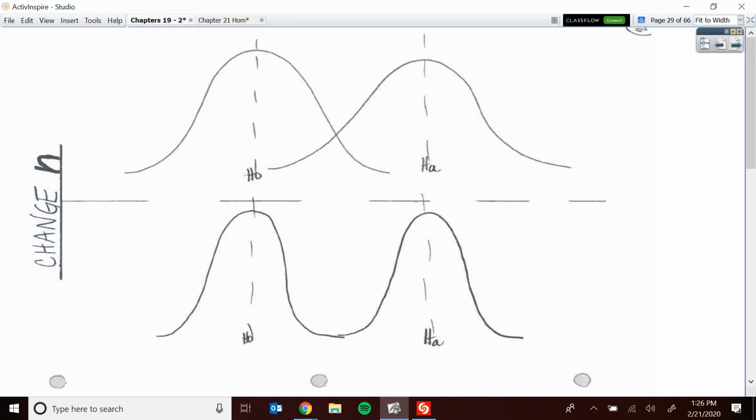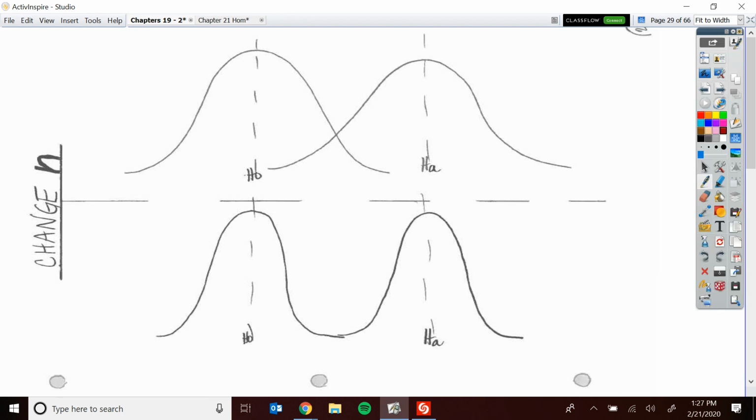But based on what I was trying to have you visualize, what happened to N from the top picture to the bottom picture, and how do you know? Don't say it out loud. I want you to think in your brain what is giving you that indication.